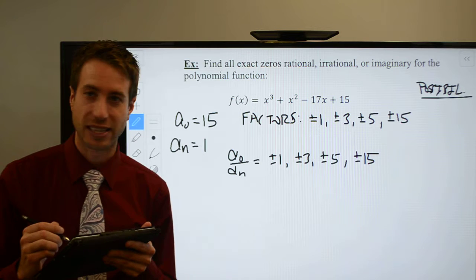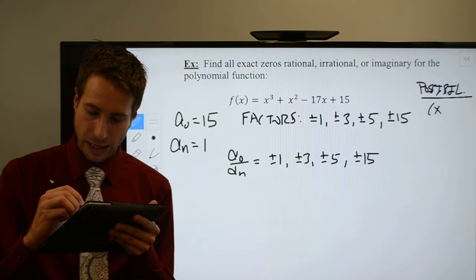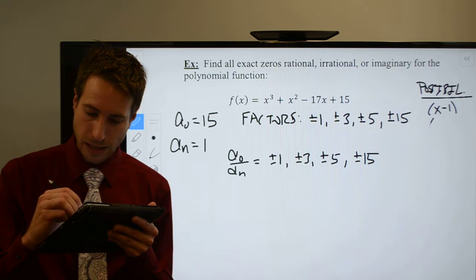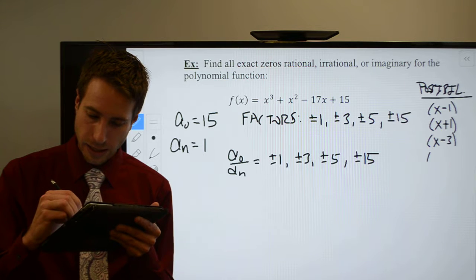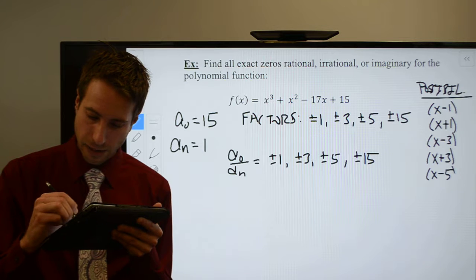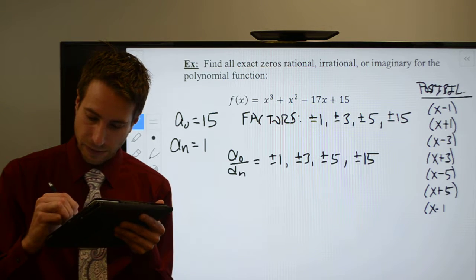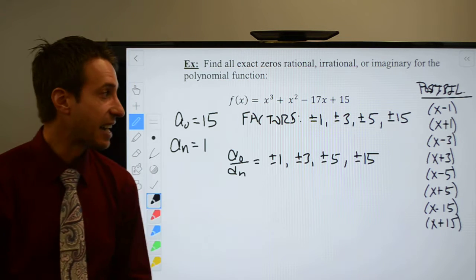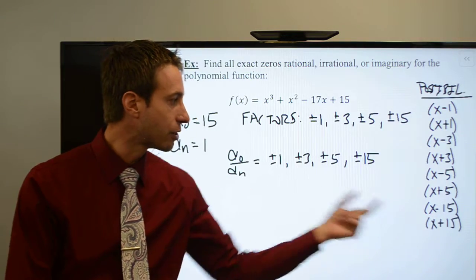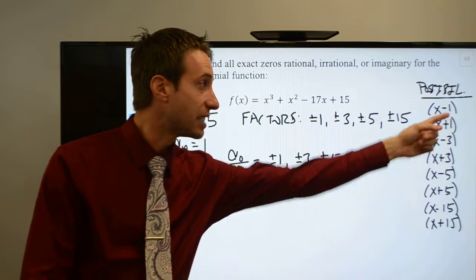So I'm going to have x minus 1, x plus 1, x minus 3, x plus 3, x minus 5, x plus 5, x minus 15, and x plus 15. Again, that list of possible factors comes from my list of possible rational zeros. Set each of these equal to 0.